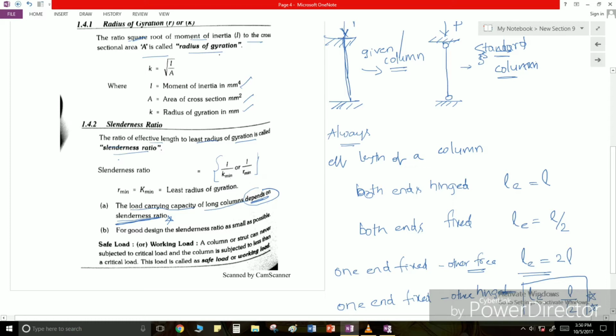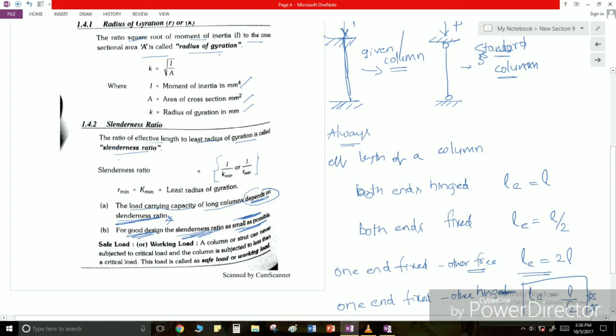Very, very important. See how this type of question is asked. The load carrying capacity of a long column depends upon: one, slenderness ratio; two, direct stress; three, bending stress; four, its dimensions or applied load.